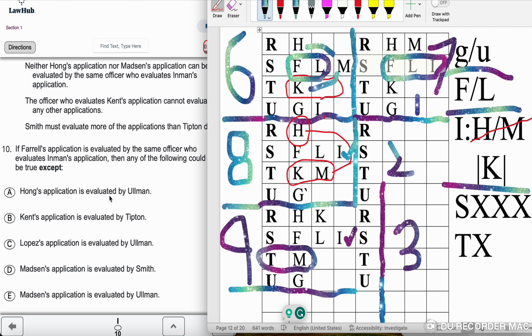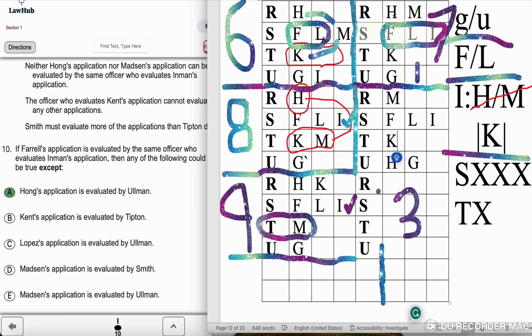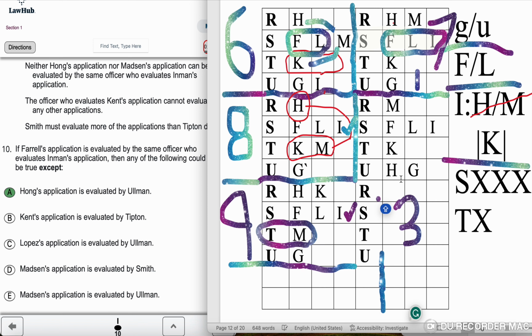Okay, so for this, F is evaluated by the same officer as I, then any one of the following could be true except. H application is evaluated by U. Well, I don't see that in any other world here at all, so let's go ahead and choose that one right off the bat. Before selecting it, let's see if it works out. So H is evaluated by U, so I put H here.